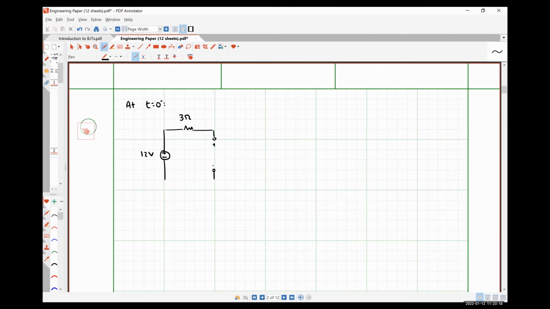Here is our capacitor voltage, VC at 0 minus. Here is our inductor, IL at 0 minus.